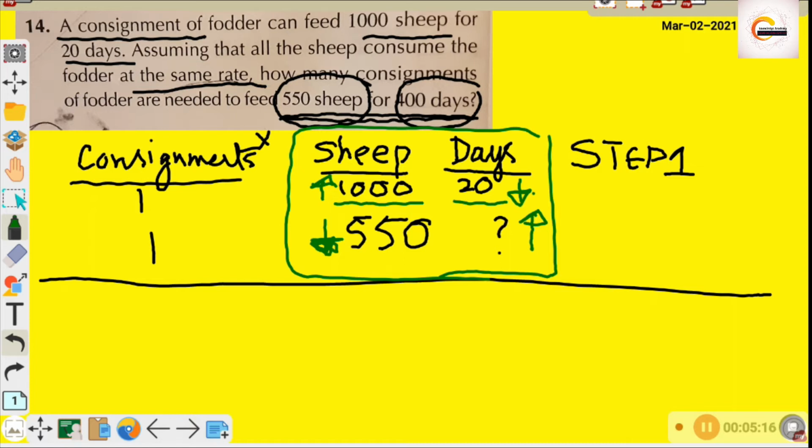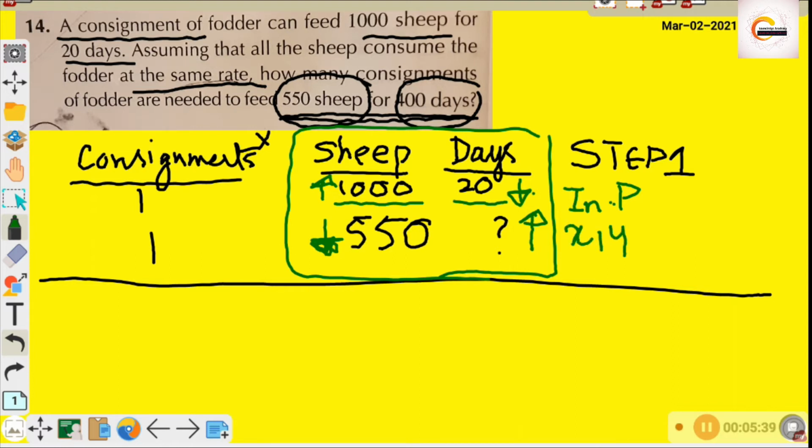So what relationship is this? This is inverse proportion. And when inverse proportion is involved in any relation between two variables, we know when three variables are known and one variable is unknown, what formula do we use?